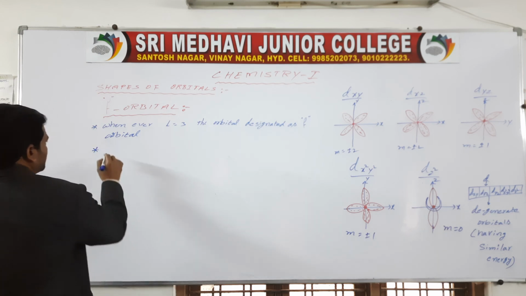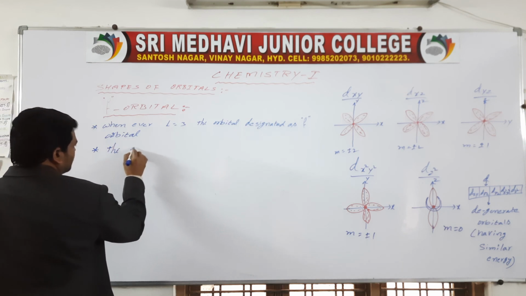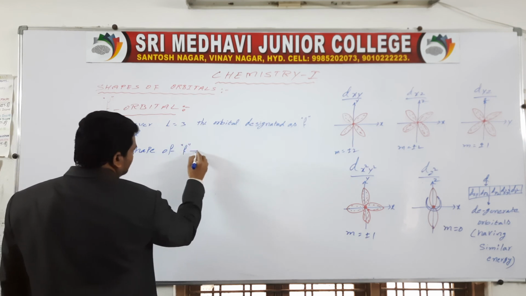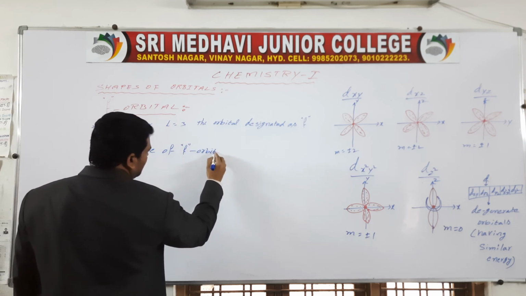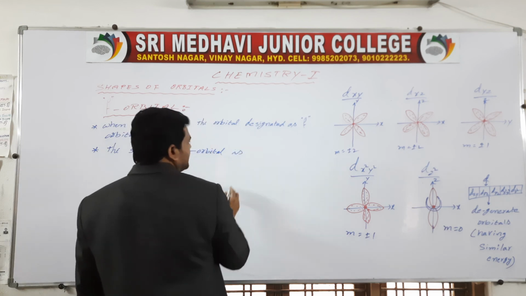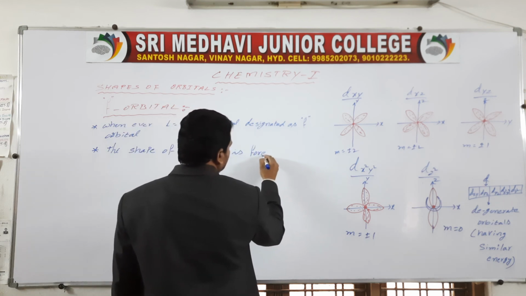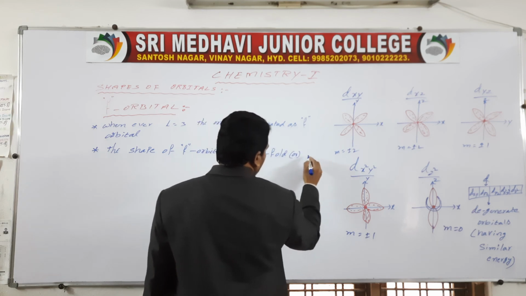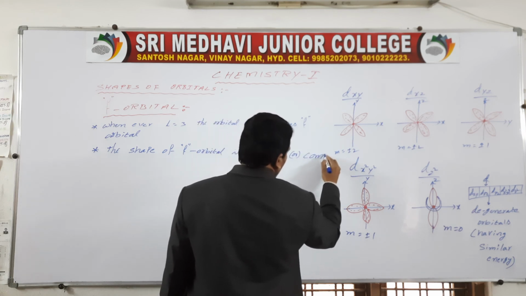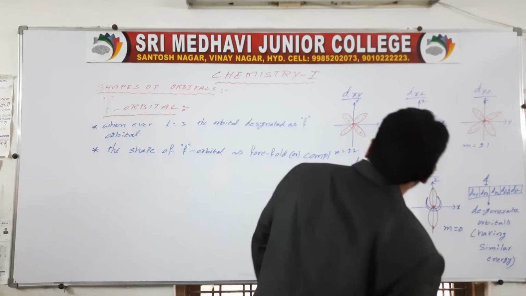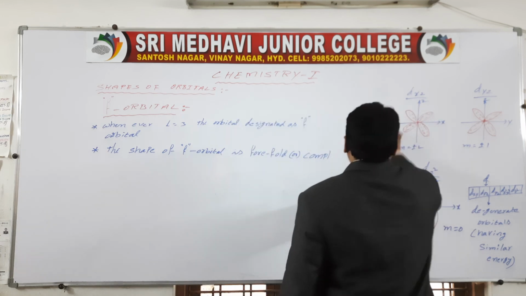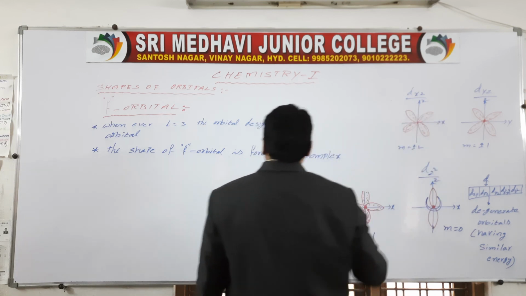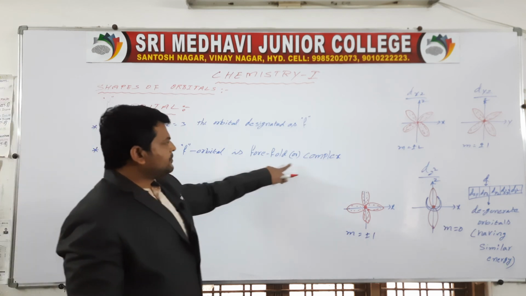The shape of the f orbital is fourfold or complex.